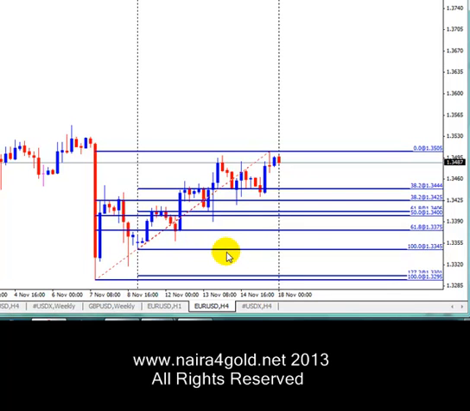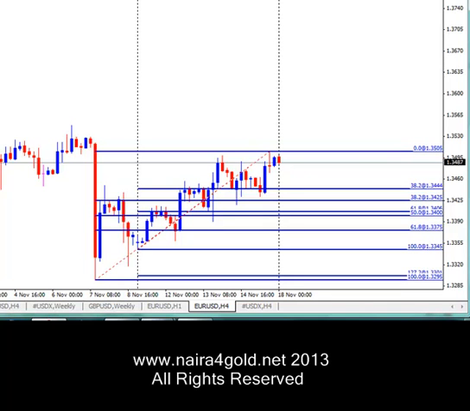Now again we are also going to be looking at the long-term overview of Euro USD. Here's the high of 1.3813, the high from some 3 weeks back, 1.3817. I think that's the high there. Okay, good.